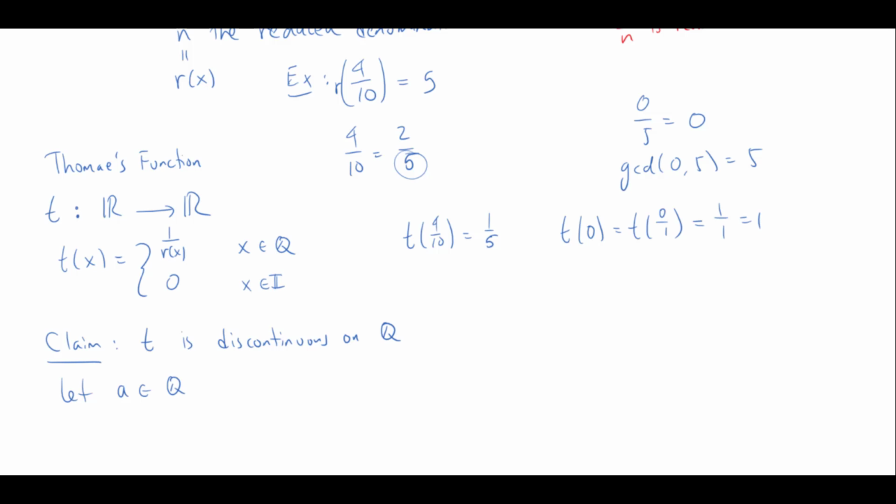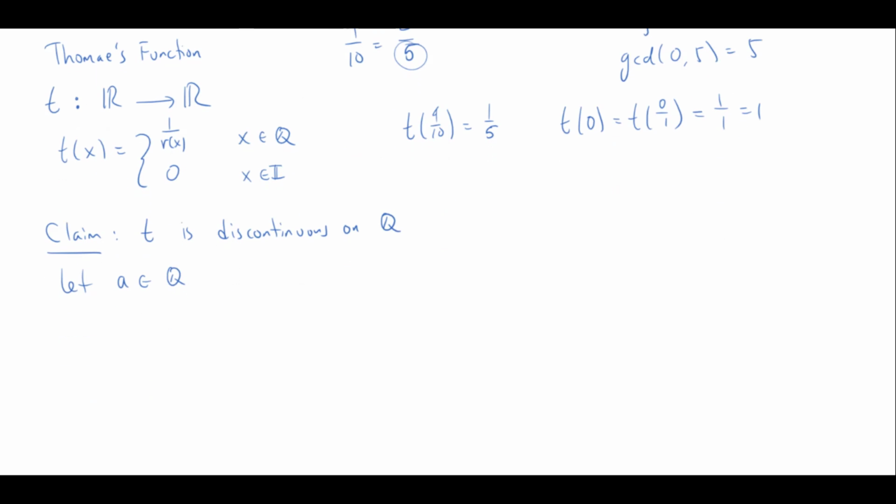And I know that by the density of the irrationals, I can find a sequence of irrational numbers that converges to A. So by the density of the irrationals, there exists, let's call it x dot, an irrational sequence x dot such that x dot converges to A. Okay, but what happens when we apply T to x dot?